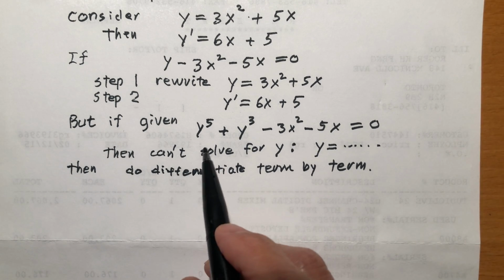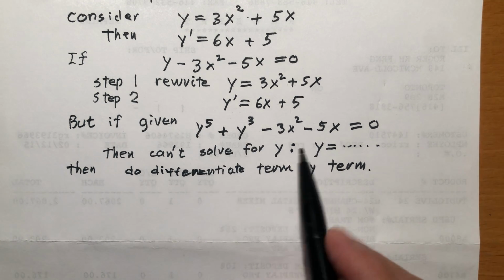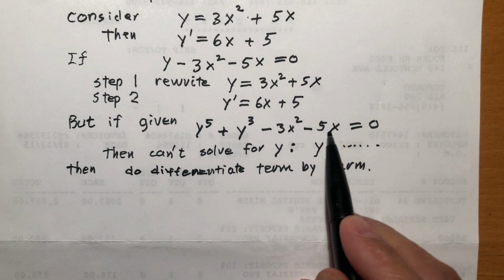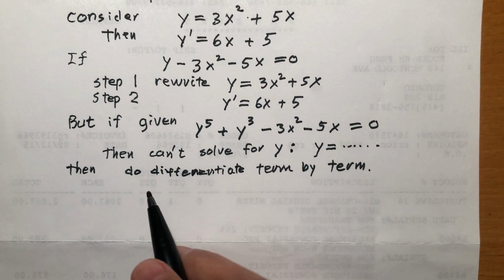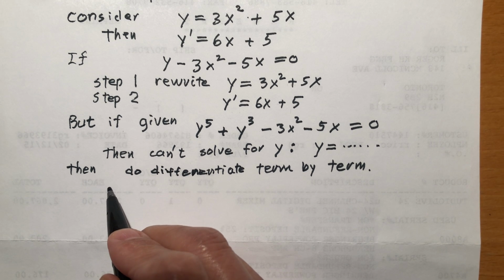So let's do the differentiation of this, this, this, and this. So do each term. So if we do each term, this is what we get.